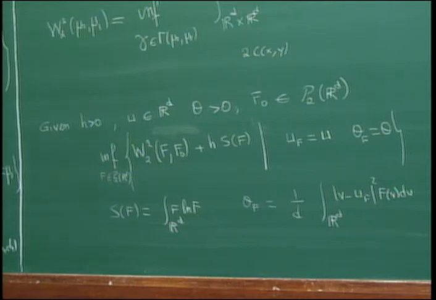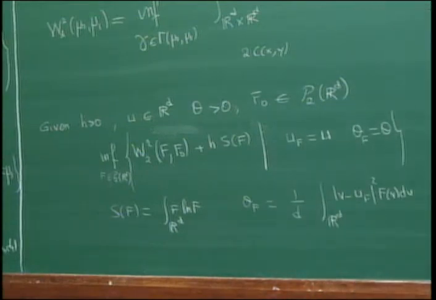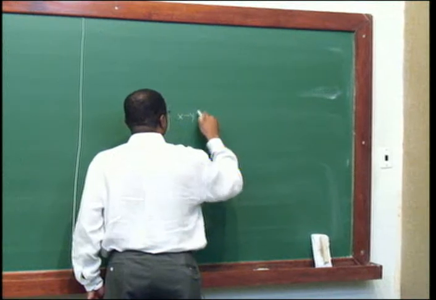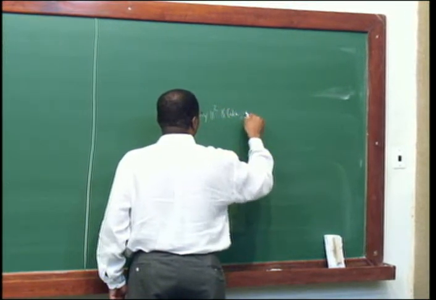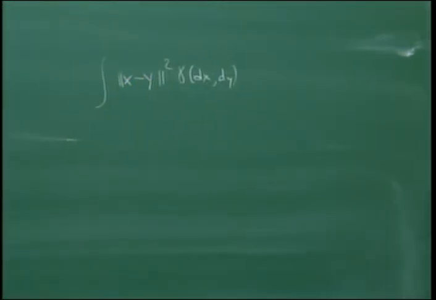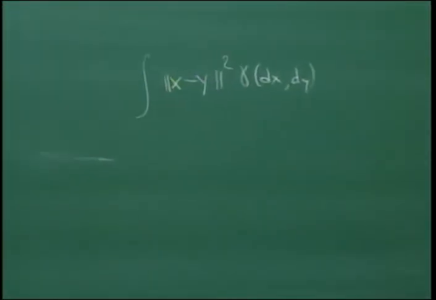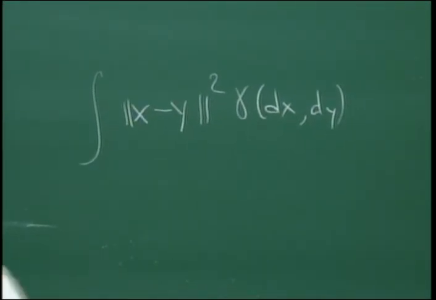So P2 is justified by the following fact. I want to ensure that this is not identically plus infinity, given mu naught and mu 1.